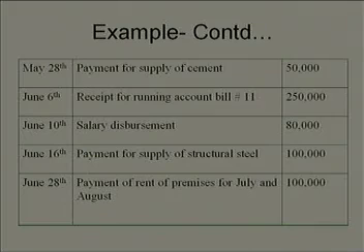Right. This June 28th transaction, you please note it down very carefully. It says payment of rent of premises for July and August, that means it is basically an advance payment, right, and it is equivalent to 100,000.